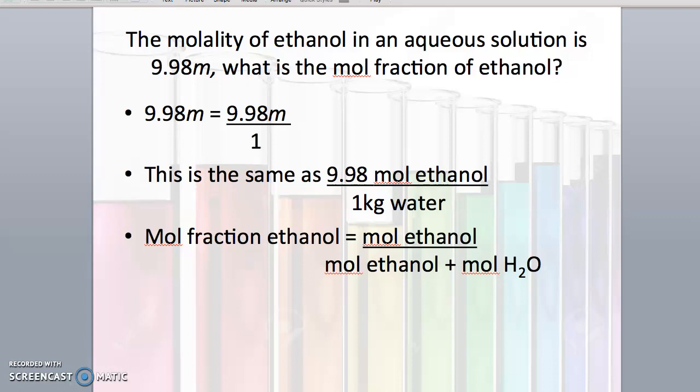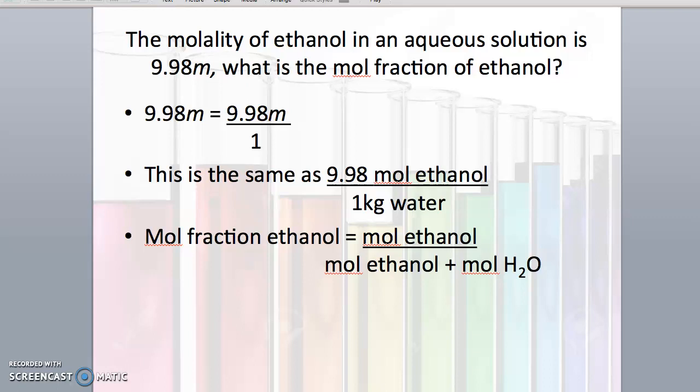But what's really, really important is understanding what the units are for these different concentrations. So if I have a molarity, that's moles of solute per liter of solution, right? So I have to know all those. And again, I've said this before, I think these concentration units are good to use flashcards.